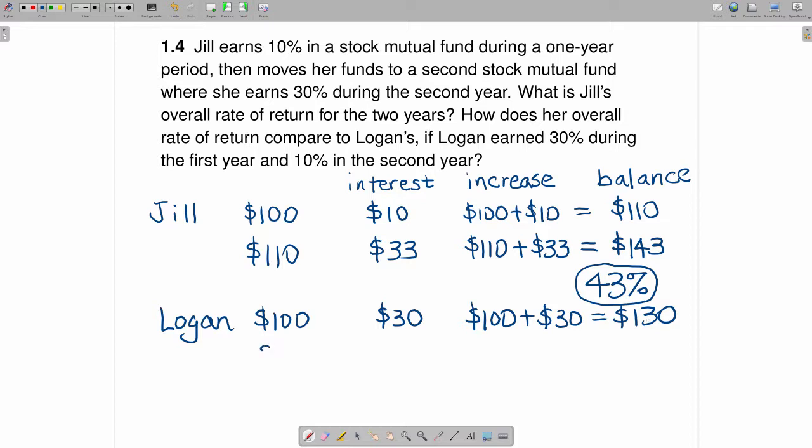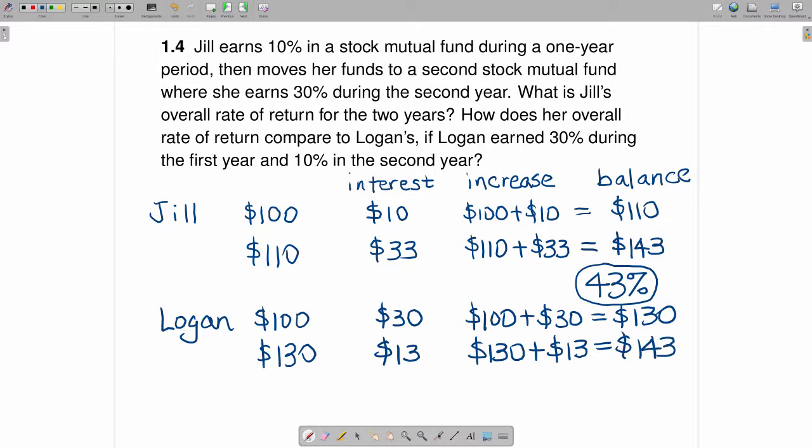So in the second line, we move to Logan's second year. He starts with $130. And now what he makes is he makes 10% in his second year. So what is 10% of 130? That is $13. So if you take the $130 he began year two with, add in another $13, you get $143.